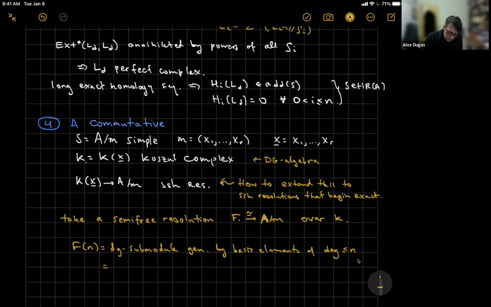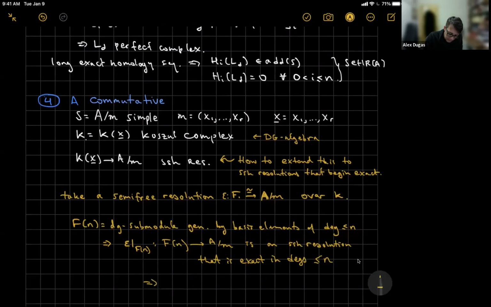So if we call this map epsilon, then we can show that the restriction of epsilon to F_n is an SSH resolution that is exact in degrees less than or equal to n.